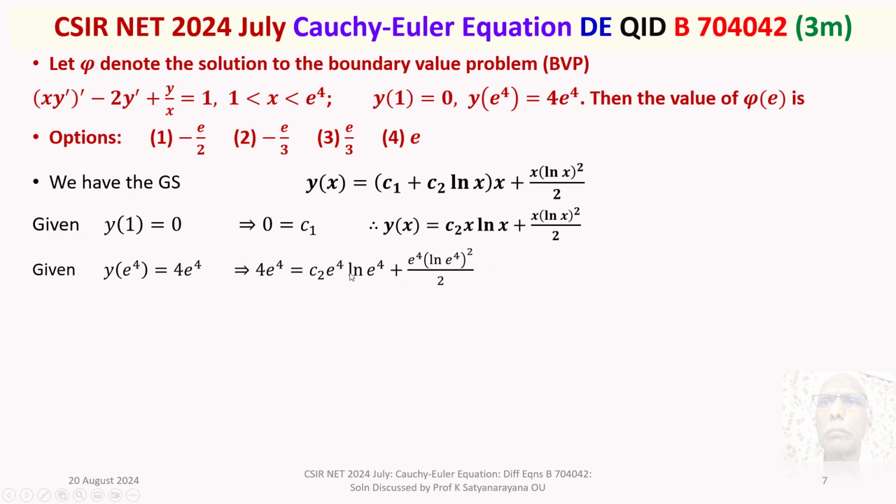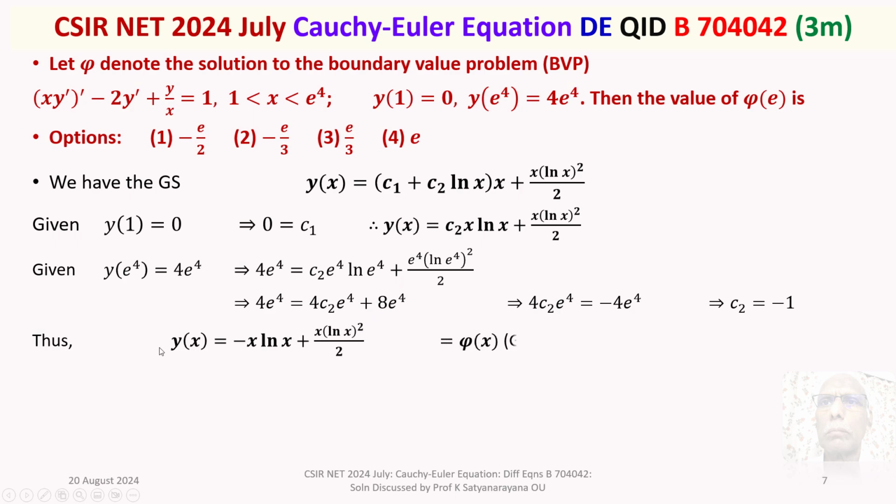Ln of e power 4 is 4. So it will be 4 c2 e power 4 plus e power 4 into 4 square, 16 by 2, 8 e power 4. Simplifying, 4 c2 e power 4 is equal to minus 4 e power 4. The 4 e power 4 cancels, and c2 is equal to minus 1.